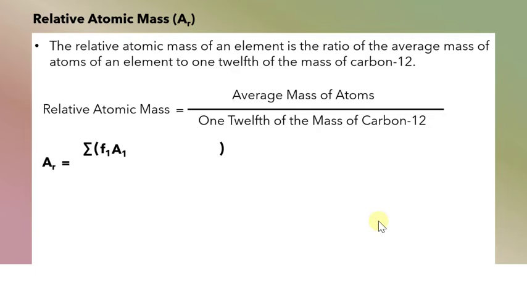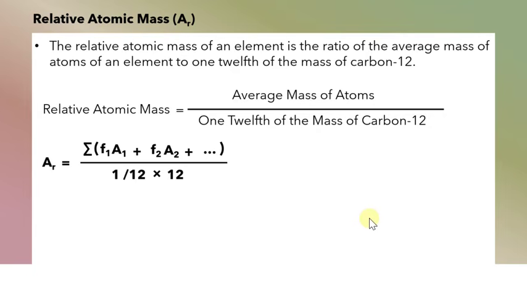Plus the fraction abundance of another atom times the relative atomic mass of that other atom, then plus the three dots, which mean and so forth, then over 1/12 of the mass of carbon 12. So this is the formula now.